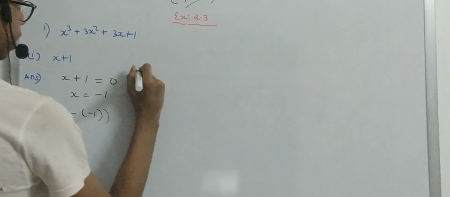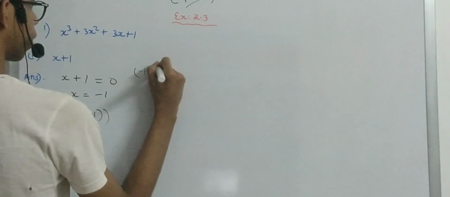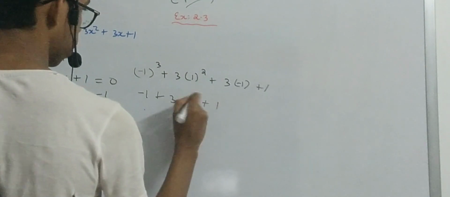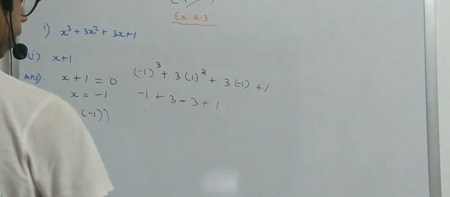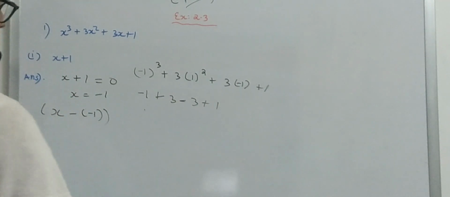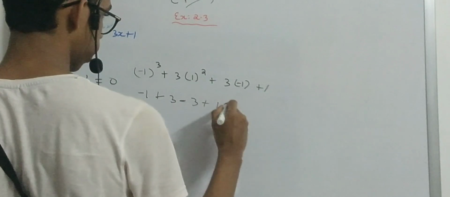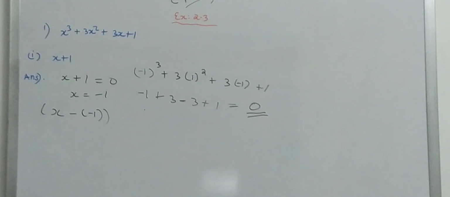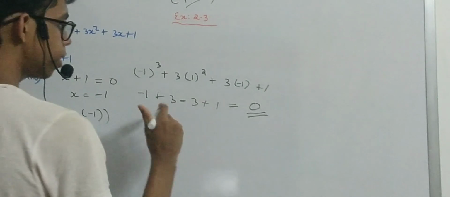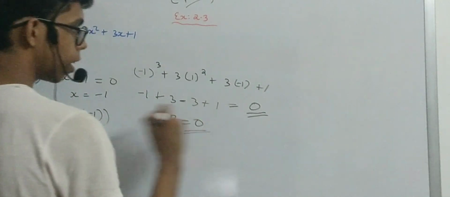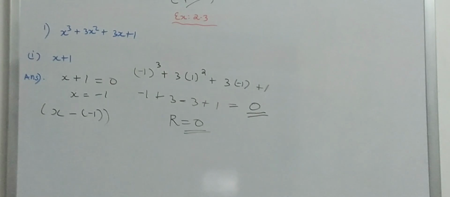Okay, so you will be getting minus 1 the whole cube plus 3 over here, isn't it? Okay, so minus 1 plus 3 is 0 and minus 3 plus 1, again these are just opposite to each other. So these both will cancel off and you will be getting an answer equal to 0. Okay, so from here you can write the value of the remainder is equal to 0. Okay, I hope it is clear.